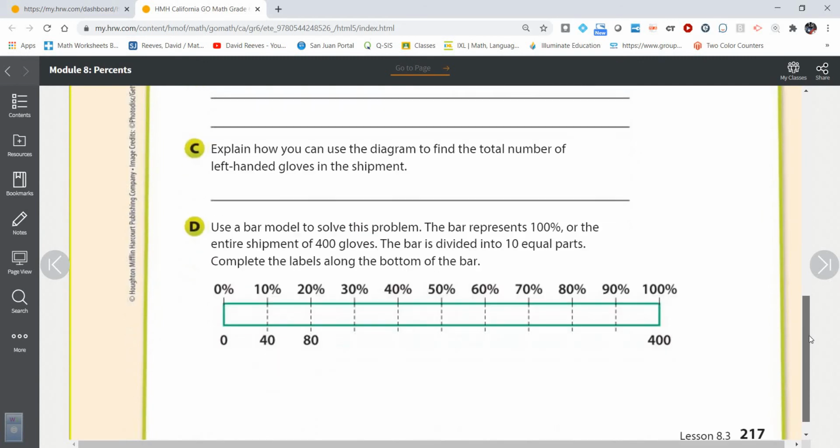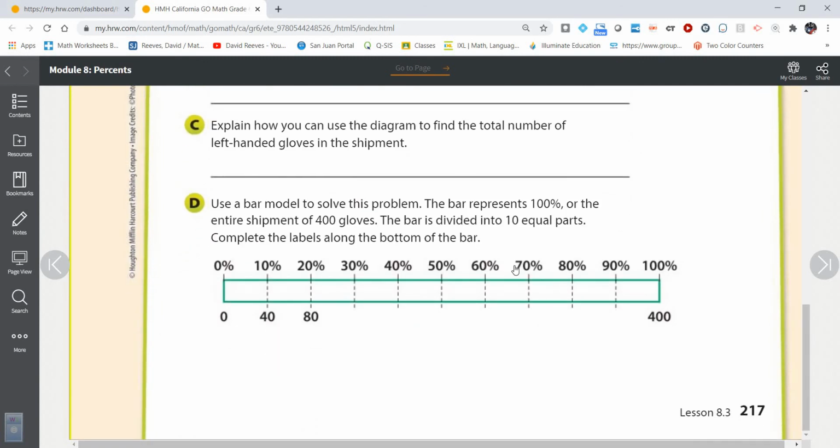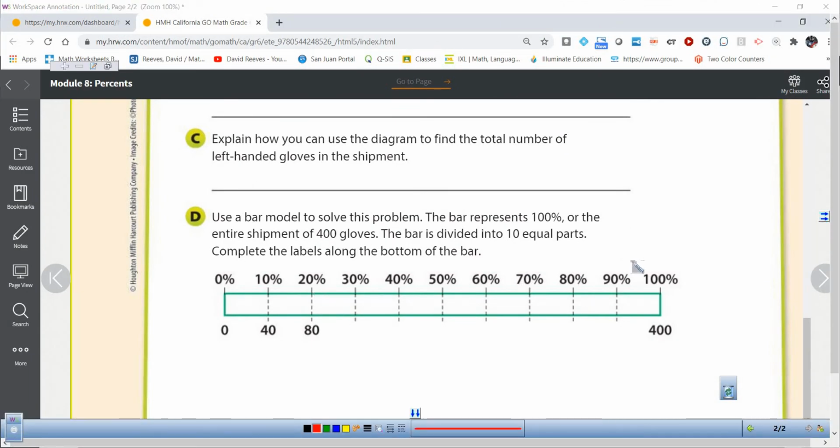So we're going to be doing a lot of that type of thing. And real quick, you might come across these bar models. I just want you to see we have the same kind of idea. We have percent on the top, and we have quantity on the bottom. You could see they've broken up that percent into 10%. So 100% divided by 10 is 10%.